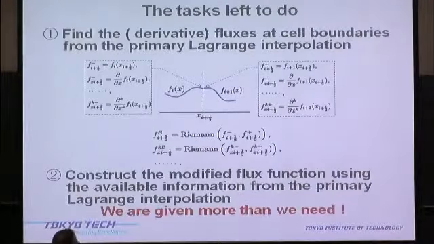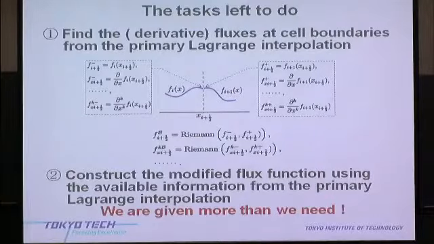So we need to do something else. First, we need to find the flux at the cell boundary, and even in some cases we need to find the derivative of the flux function, by solving the Riemann problems at a cell boundary, because we know all of this information from the primary interpolation we just talked about.